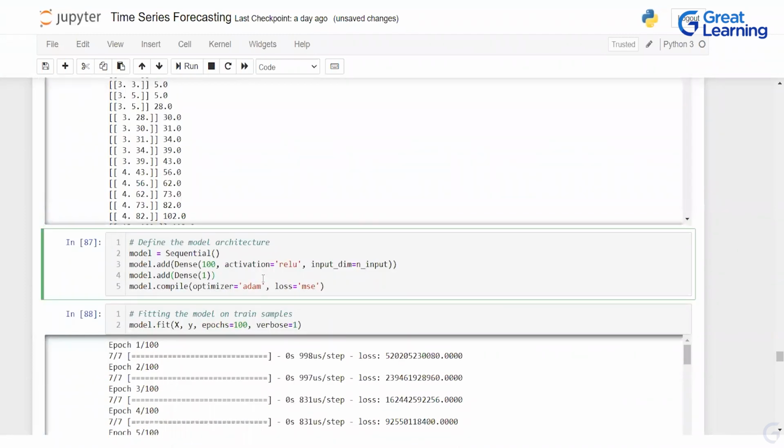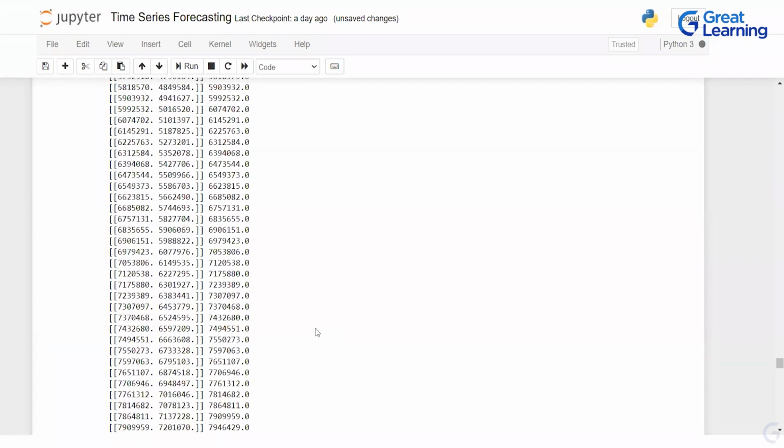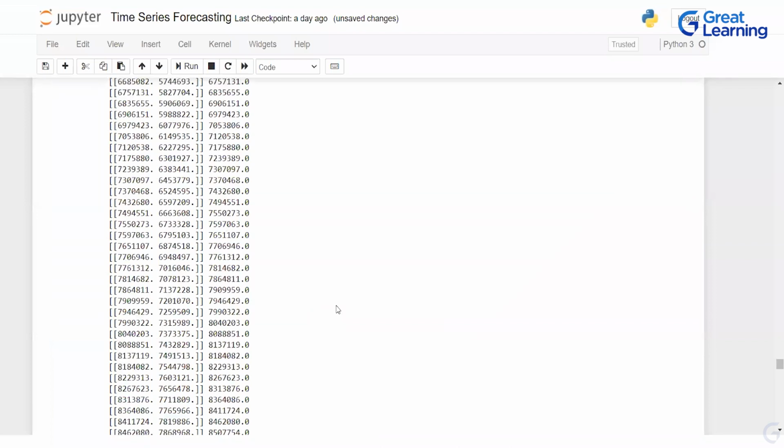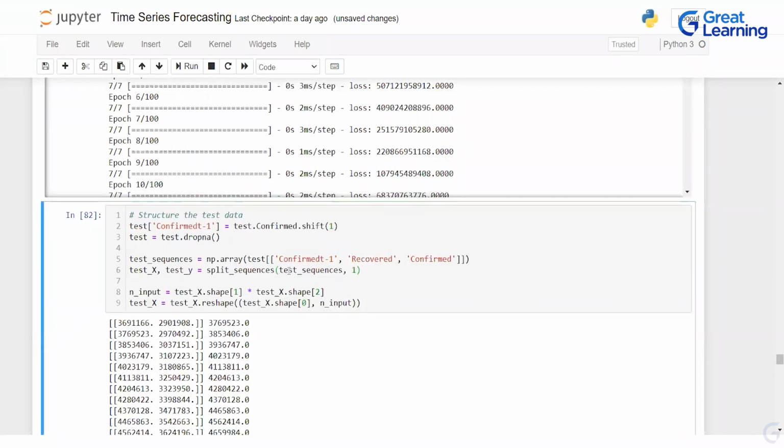Now using your ReLU, Adam and all these things, you are getting the prediction, epochs, running it multiple iterations, then predicting on my test data. Again, same thing. On recovered, I give, and based on that, I'm doing my prediction.